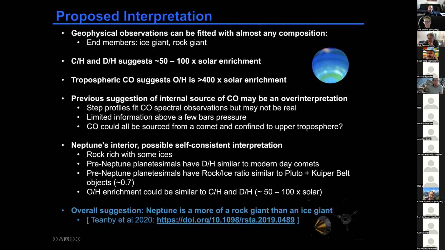Thank you so much for this comprehensive overview. I got a question about your suggestion that a comet impact about 100 or 1,000 years ago can explain the CS abundance in the stratosphere.